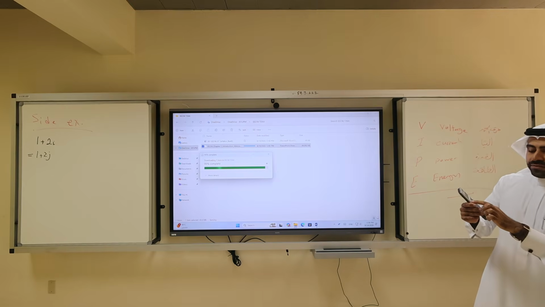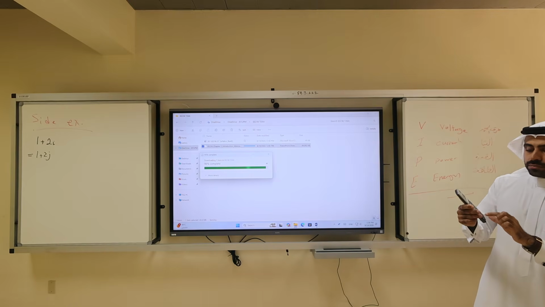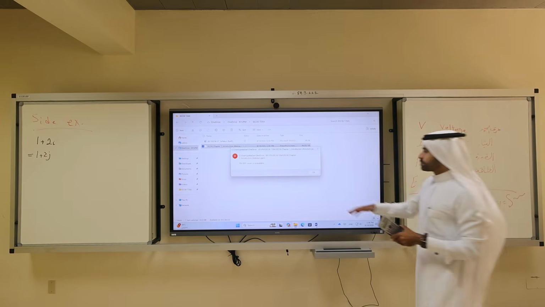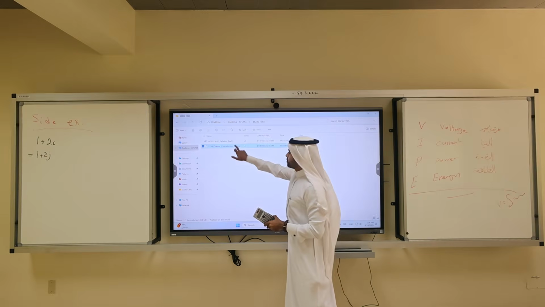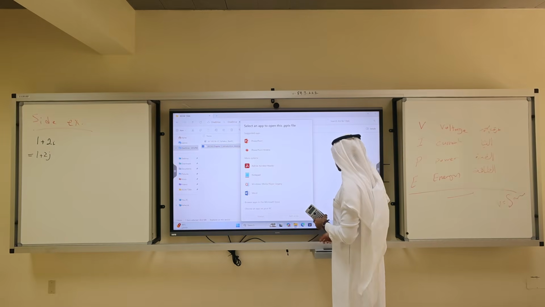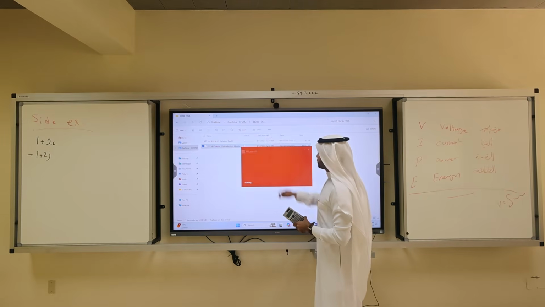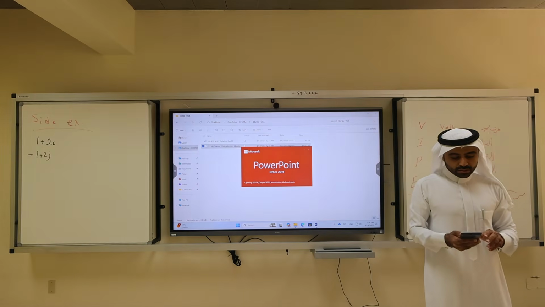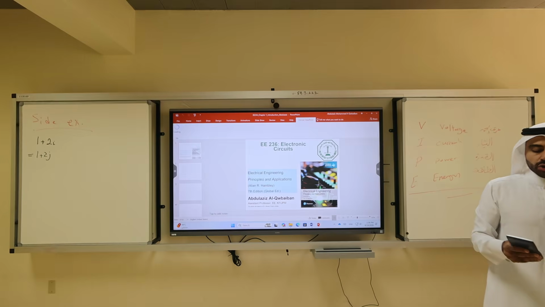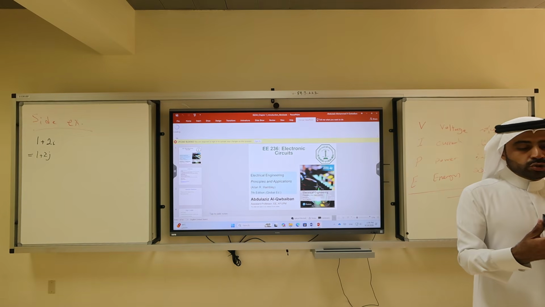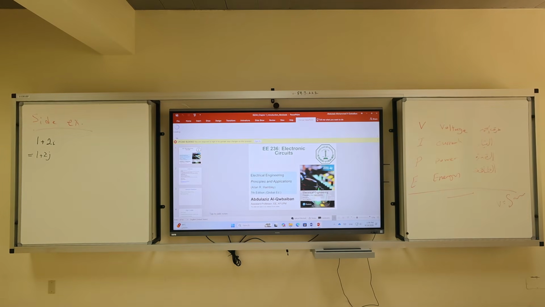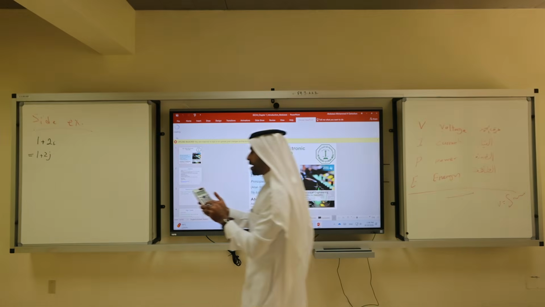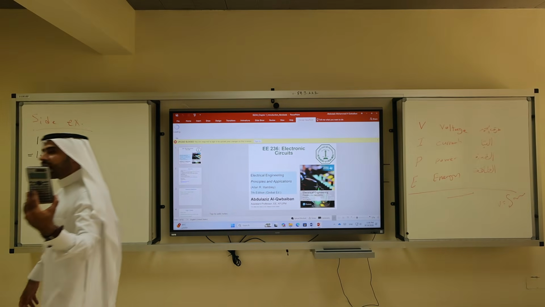Press shift, then mode, and put it on complex. Clear? So let's do 1 plus 2 and then the i, which is in red.